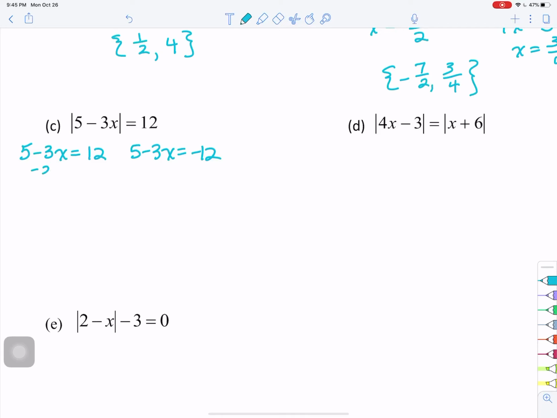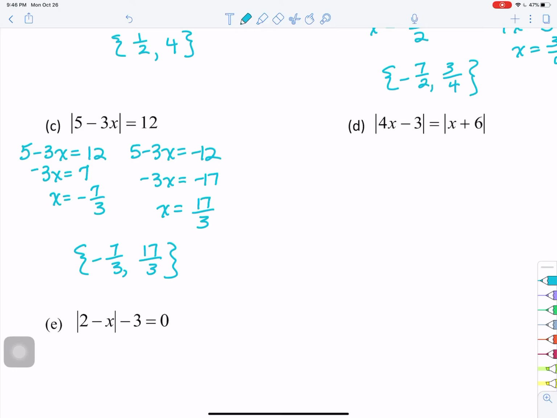I'm going to subtract 5 from both sides, and then I'm going to divide both sides by a negative 3. Let's subtract 5 and divide both sides by a negative 3. And we have a negative 7/3 and a 17/3.